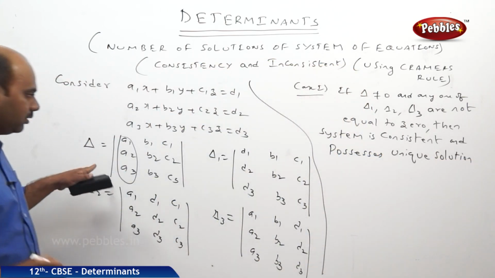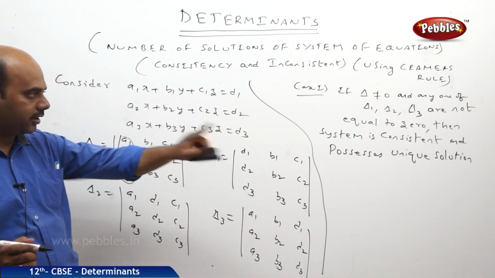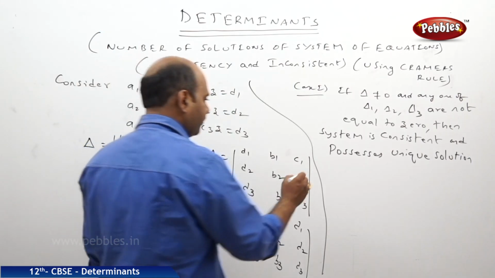Observe carefully: delta should not be equal to 0, and any one of delta 1, delta 2, delta 3 is not equal to 0, then the system is consistent and possesses a unique solution.